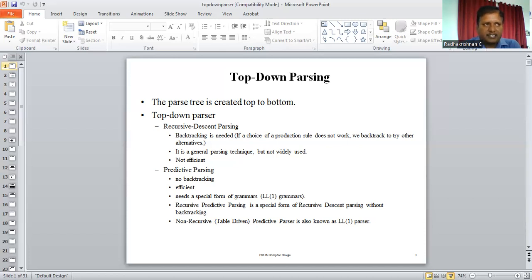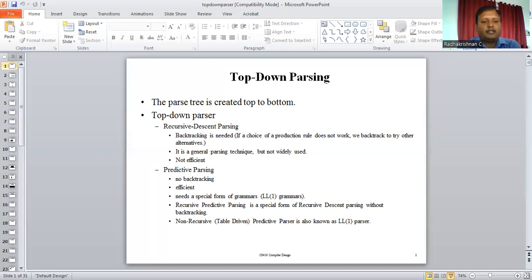If X and A are both $, this indicates successful completion. If X and A are the same terminal symbol, different from $, pop X from the stack and move to the next input symbol in the input buffer.